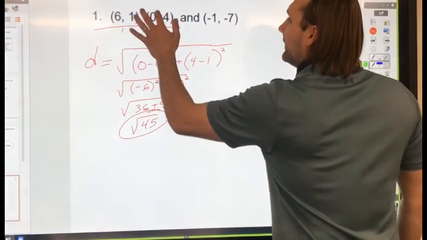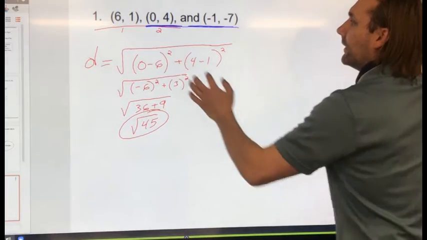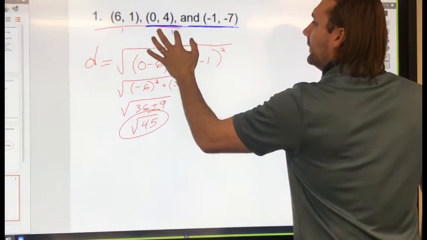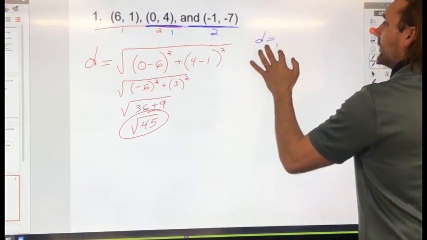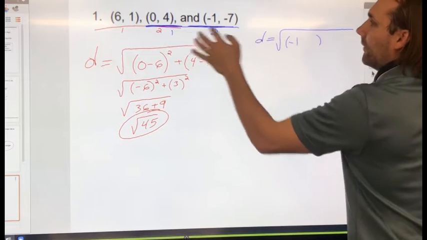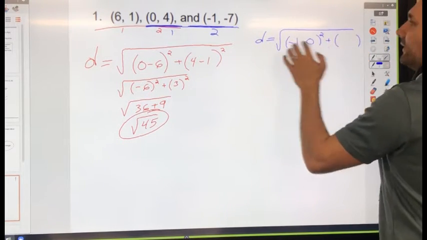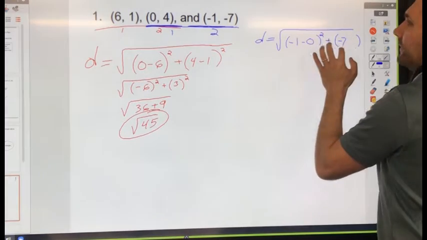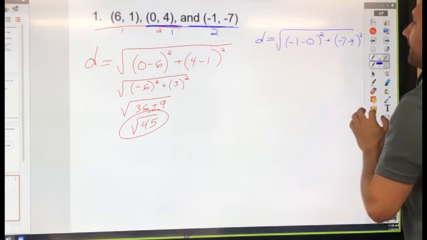Next, let me find my distance between (0, 4) and (-1, -7). I'm going to call this one point 1 and this point 2. So d equals square root of my x difference, so -1 minus 0 squared, plus my y difference, -7 minus 4 squared.